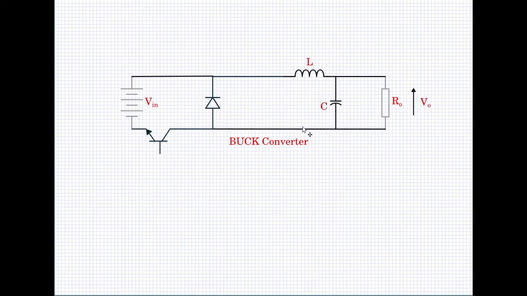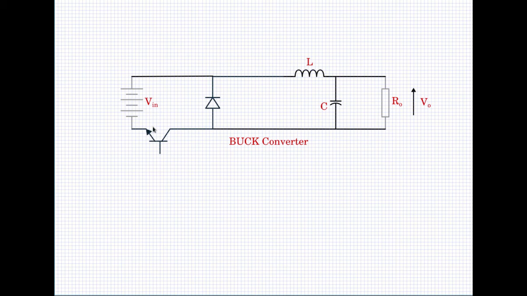The inductor is freewheeling through the output capacitor and the load, and the diode is conducting, and this is 0. So it is 0 minus Vo, so minus Vo by L is the rate at which the current falls. So the regular operation of the buck converter remains the same. The input output relationship also remains the same. Only what we have done is we have shifted the switch from the positive rail to the negative rail.